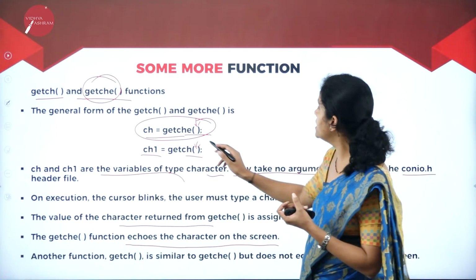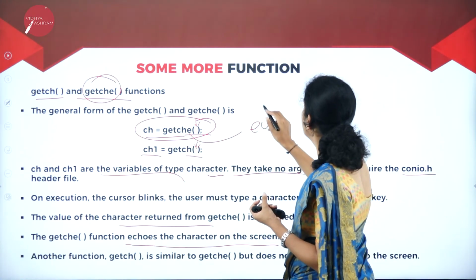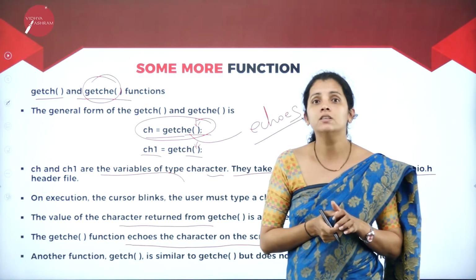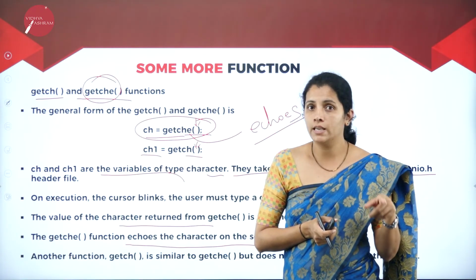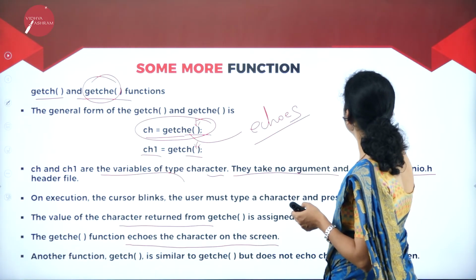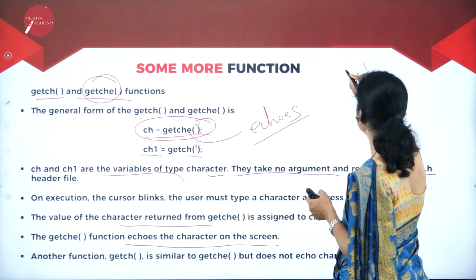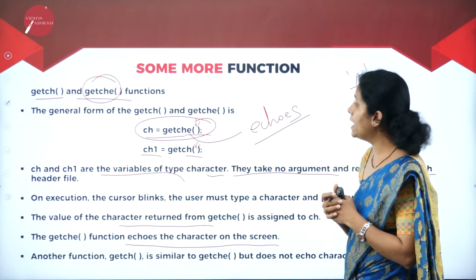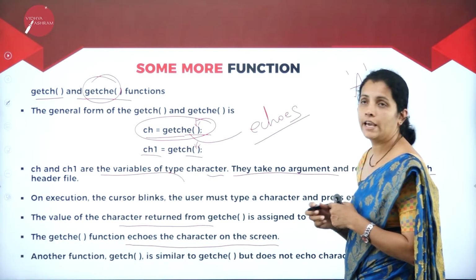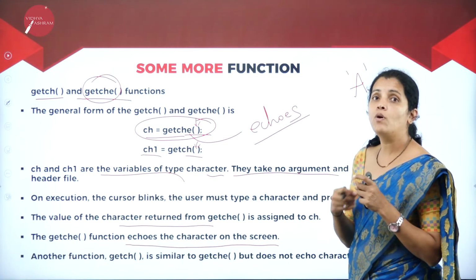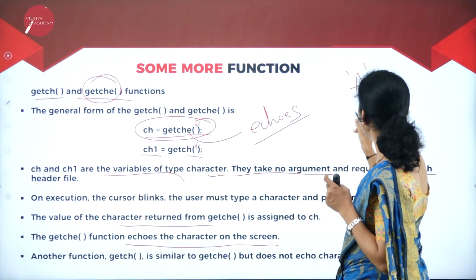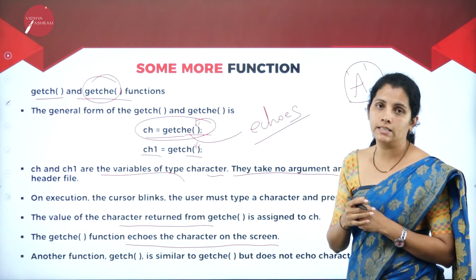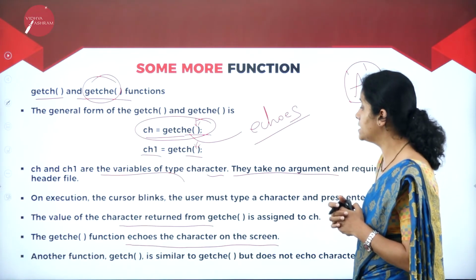So what is che? That is echoes. That means you are going to display the character which you read from the keyboard. For example, if I press A, it is displayed on the screen with the help of getche.